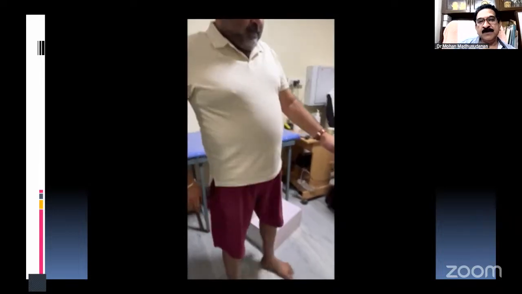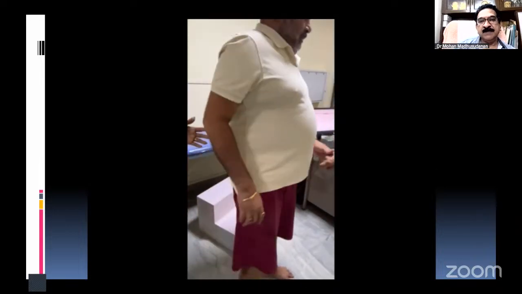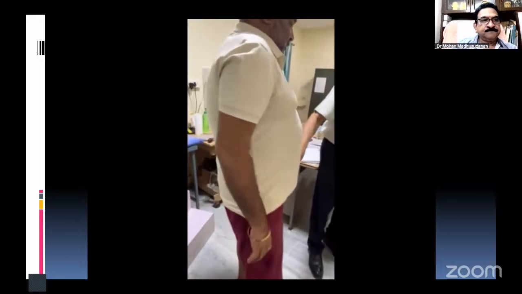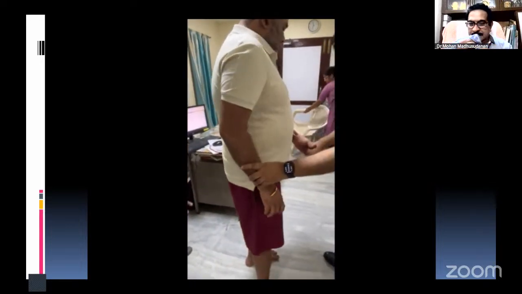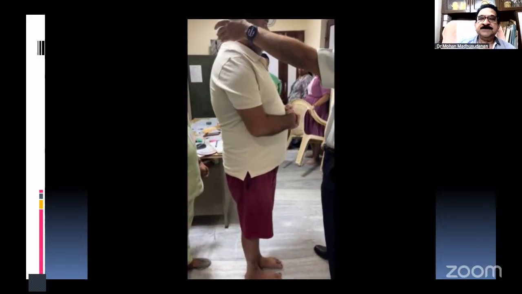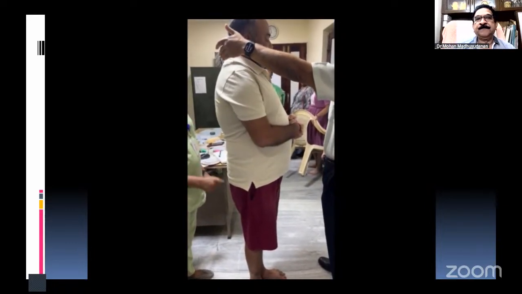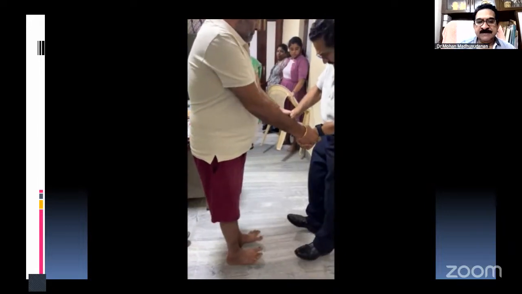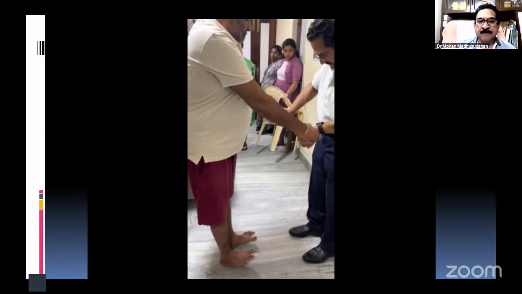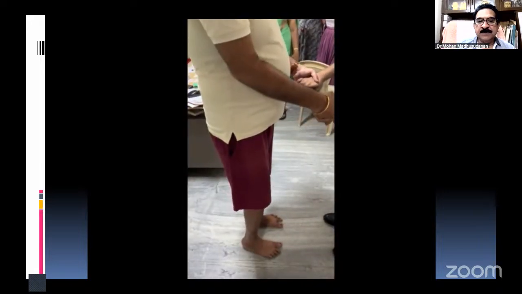And this is how he walks, to get up and walk. He is asked to stand on toes and heels. Trendelenburg was negative. He could stand on heel, but toes, he could not stand on toes.